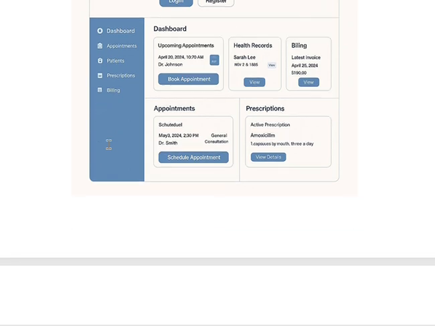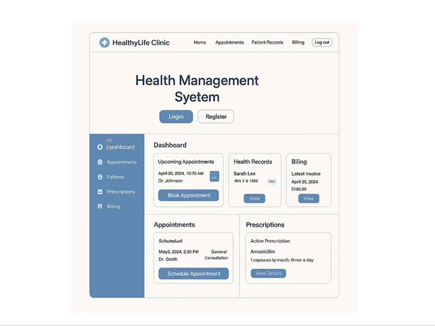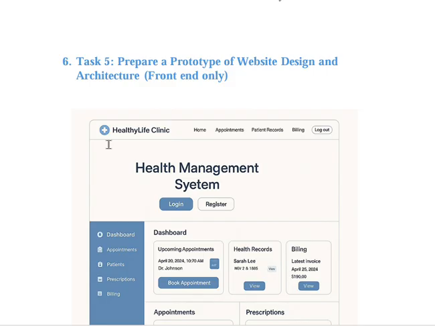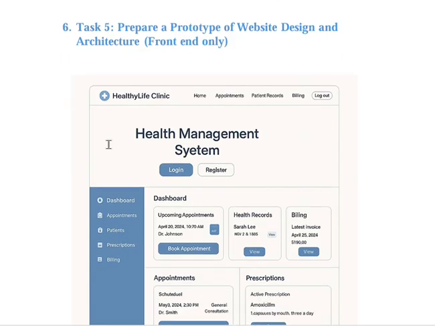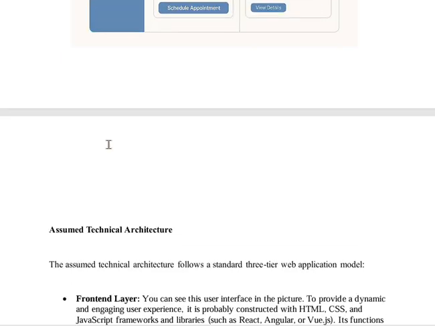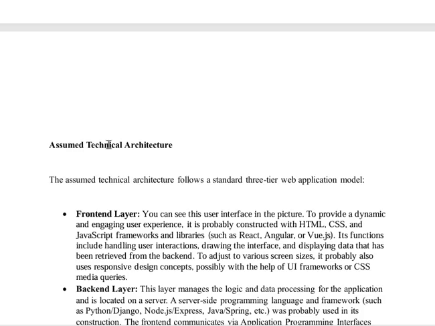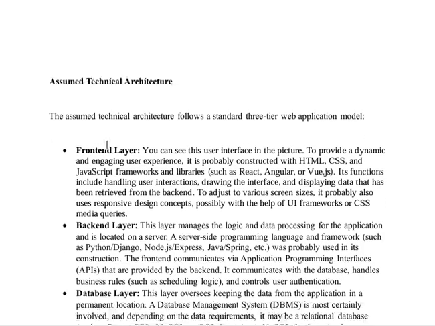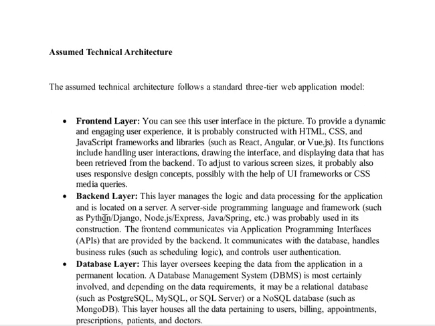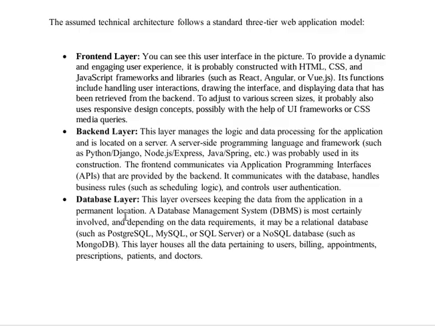The database safely stores all clinic and patient information. And this is my health management system, Healthy Life Clinic. I prepared a prototype of website design, and I have assumed a technological architecture with a front-end layer, back-end layer, and database layer.